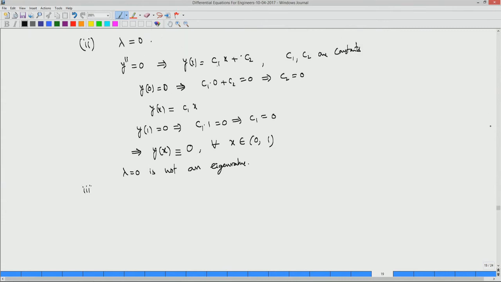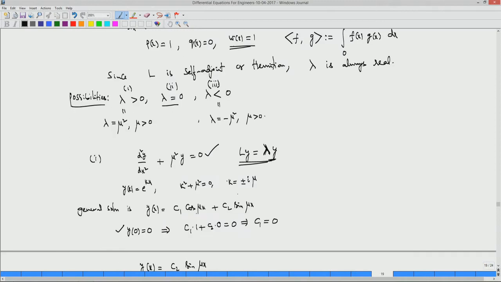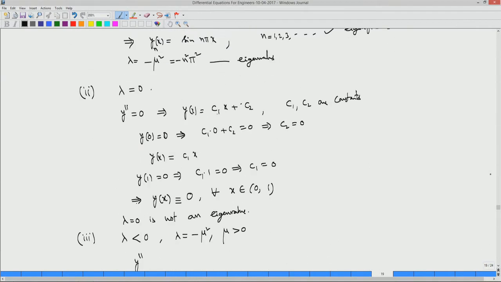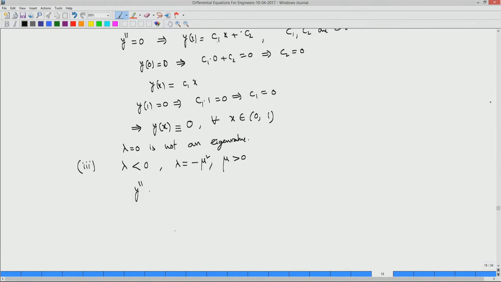Now look at the third case, lambda is negative. That means lambda is minus mu square, where mu is positive. In this case y double dash minus lambda y, that is y double dash minus mu square y, equal to 0. So what is the general solution here?